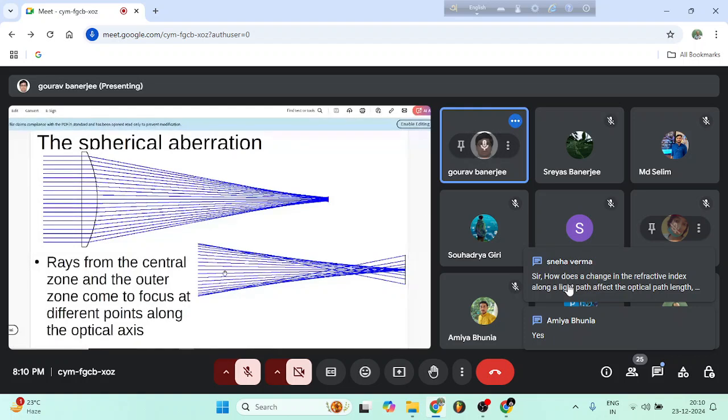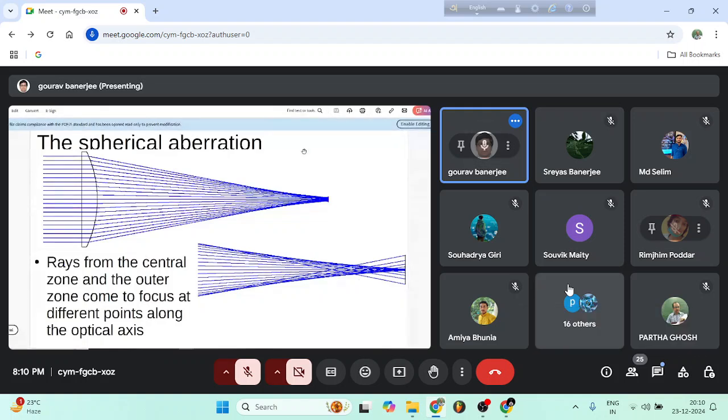I think this thing is frozen. Got frozen somehow.